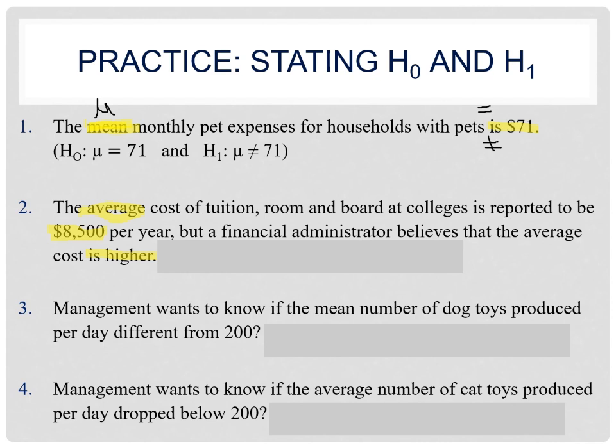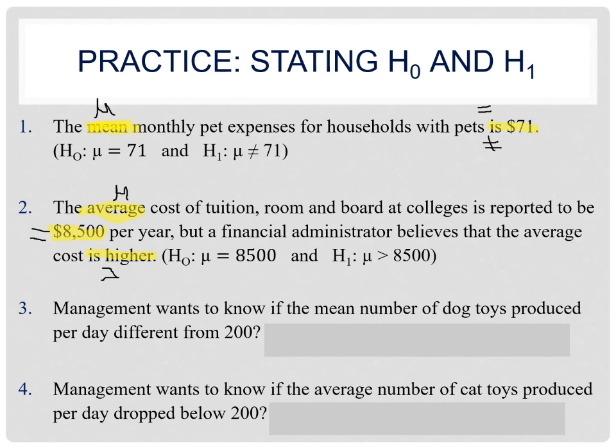The assumption, which is the H naught, is that the average, mu, is equal to 8,500. The person wants to test whether the average is in fact higher, and higher would be greater than 8,500.